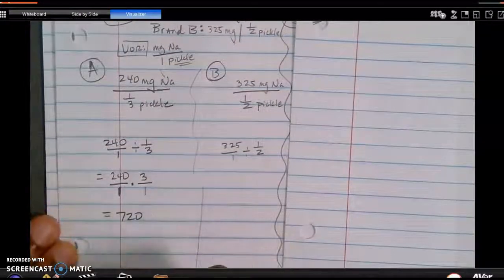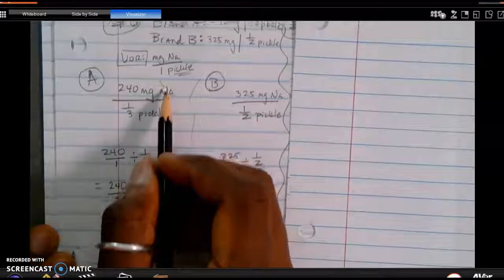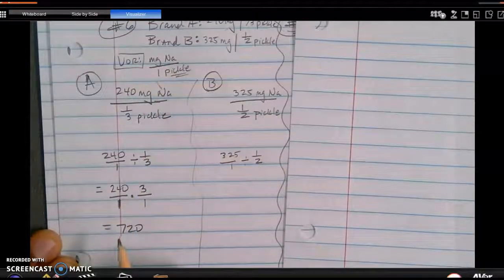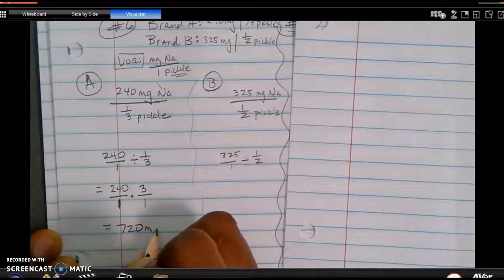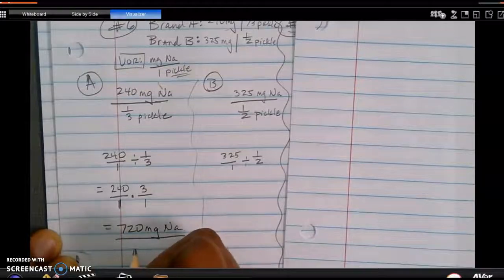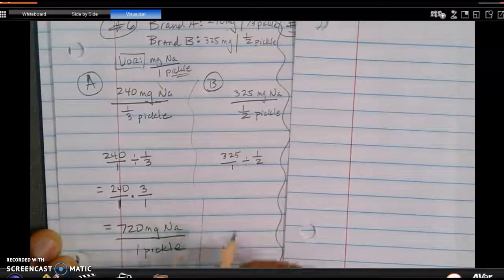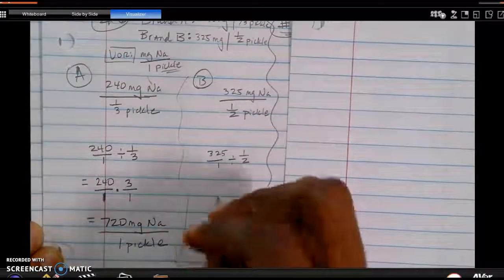Okay? Now, because it is 720, I'm going to go back to my units of rate. My units of rate says milligrams of sodium per pickle. So this turns into 720 milligrams of sodium per 1 pickle, or per pickle. Doing the same thing for this one.